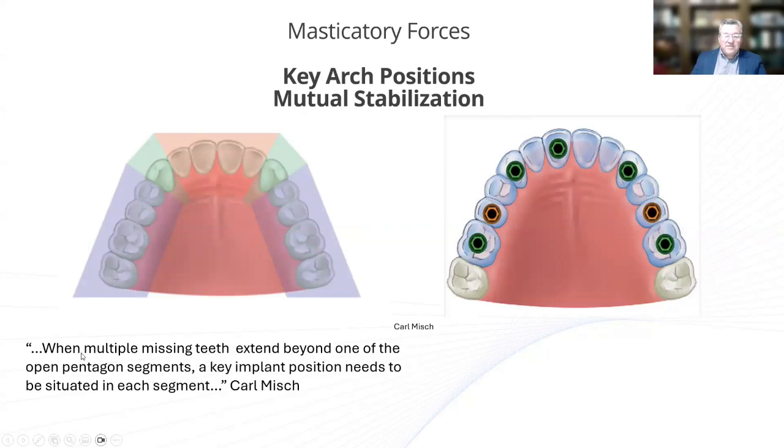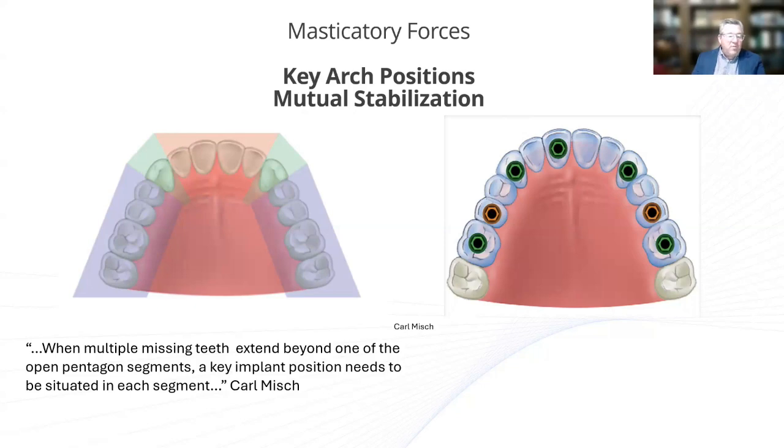So it says when multiple missing teeth extend beyond one of the open pentagon segments, a key implant position needs to be situated in each segment. So what Dr. Mish is saying, you need to mutually support your implants when possible.